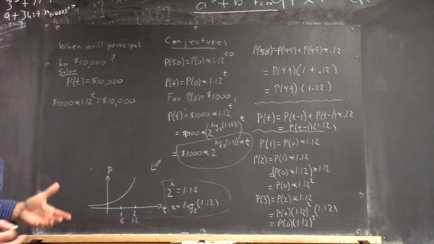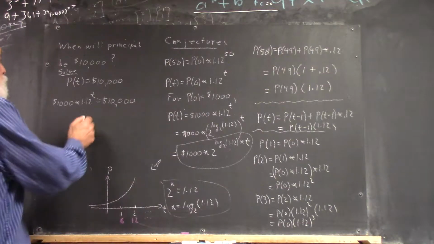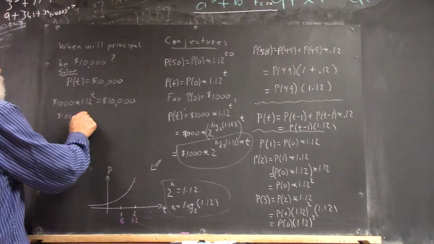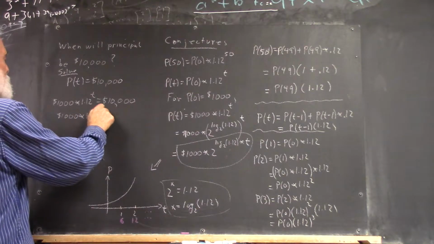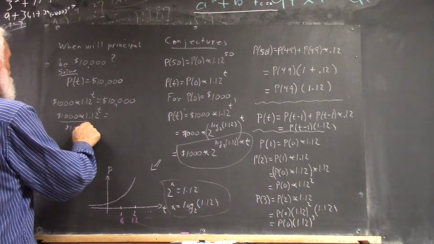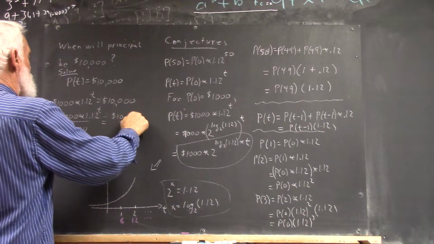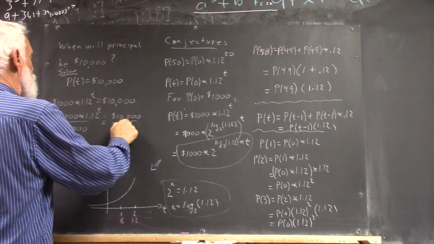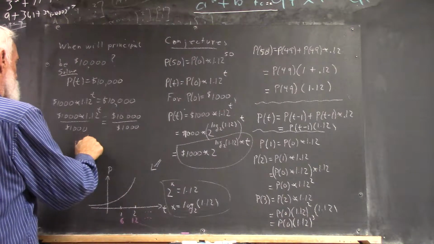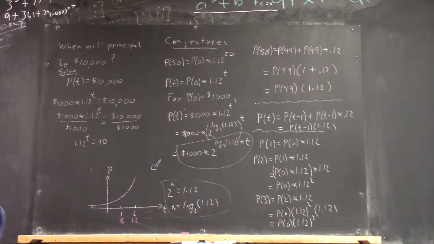And the rule for 1.12 is just like the rule for 2, as you'll see. So you divide by 1,000. So 1.12 to the t equals 10, right?